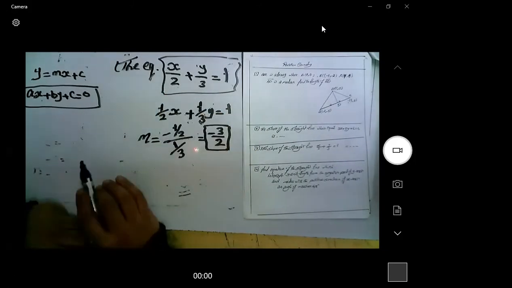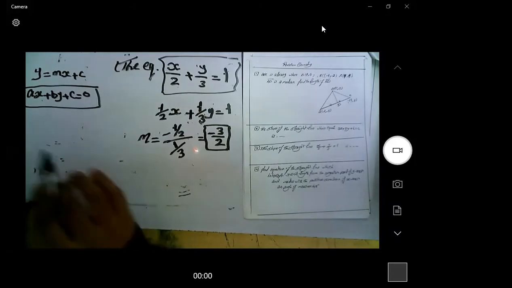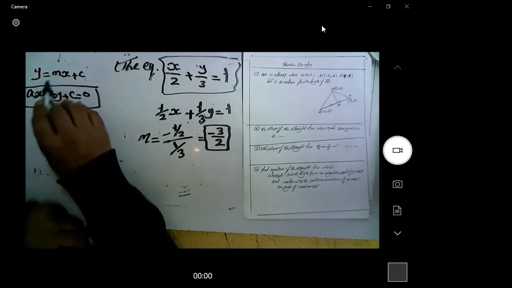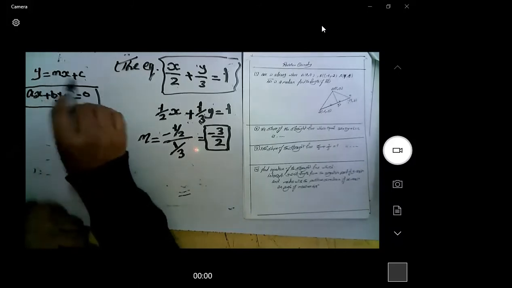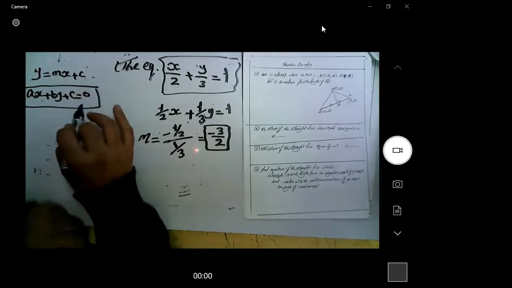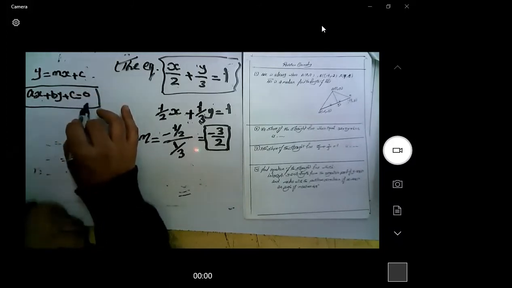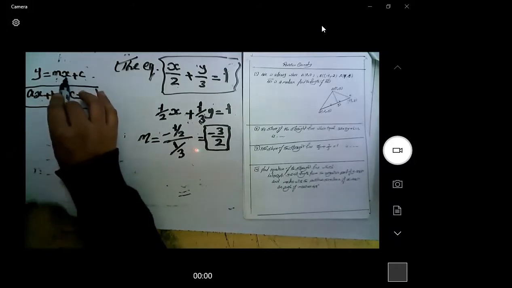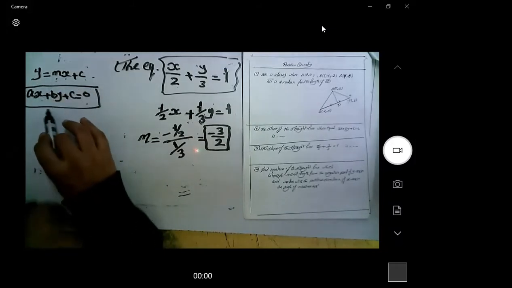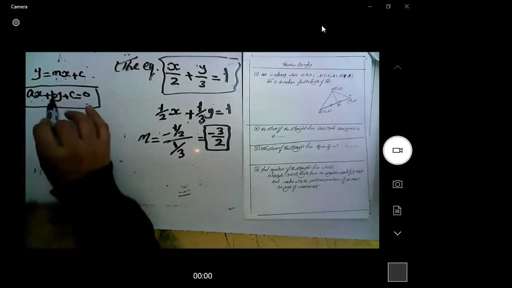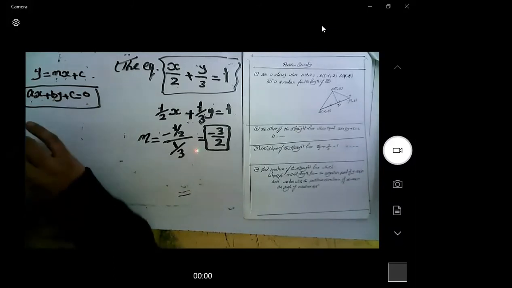You can get the slope from the right form of the equation or the general form. In the right form, the slope is the coefficient of x. In the general form, the slope is negative coefficient of x over coefficient of y.